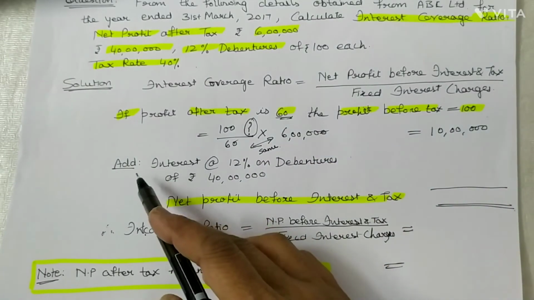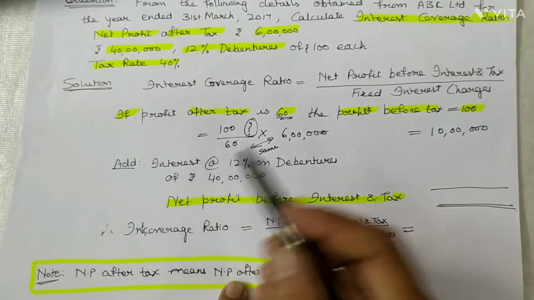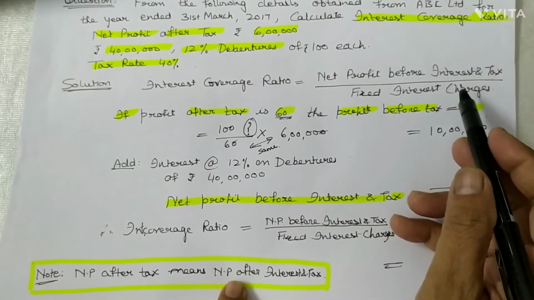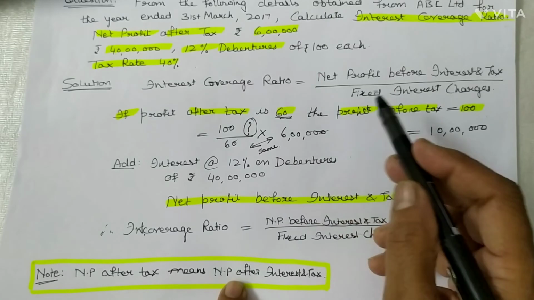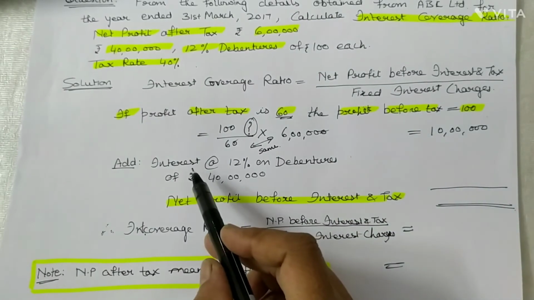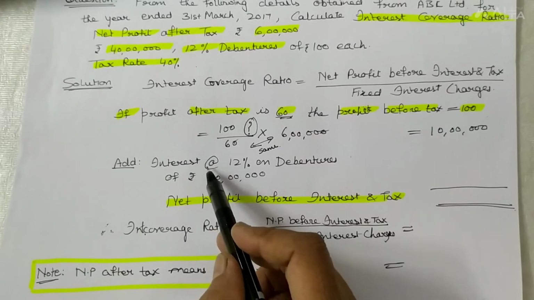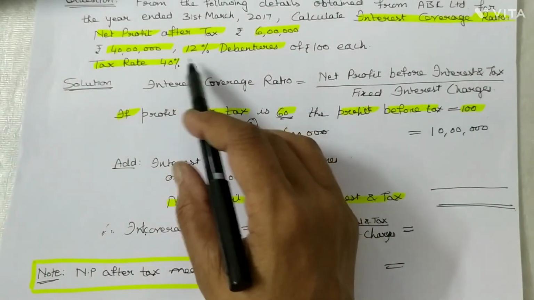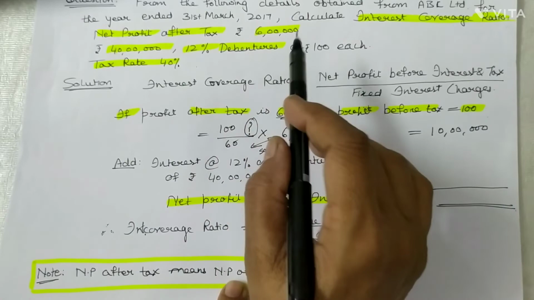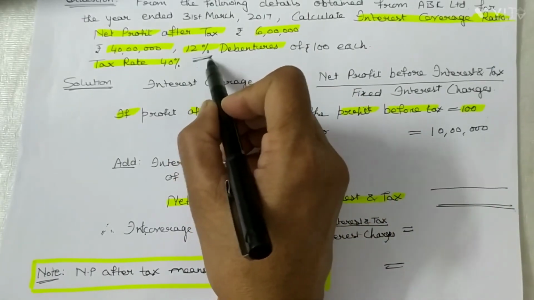Then add interest for making net profit before interest. You have to find out interest. Interest is always on long-term borrowings. In this question, long-term borrowings are 12% debentures. 12% indicates the rate of interest.